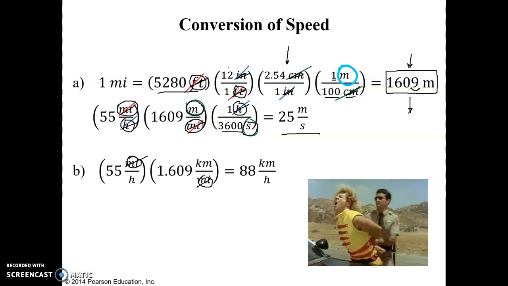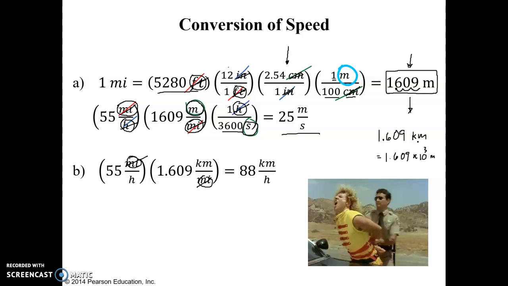So we want to move that decimal point 1, 2, 3, and we've got 1.609 kilometers, or 1.609 times 10 to the third meters.